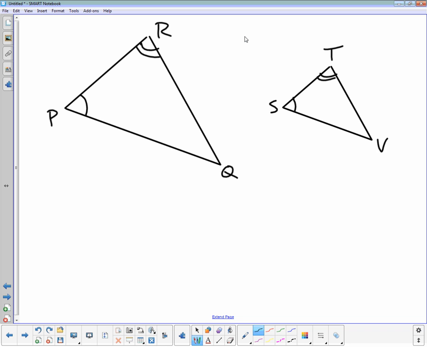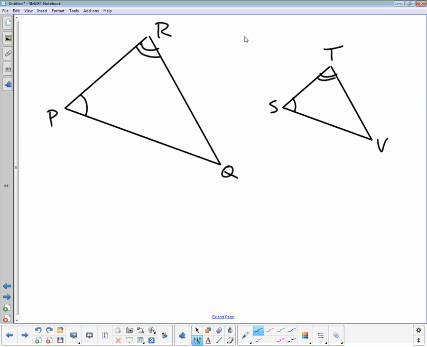All right. Those tick marks on those angles are really a big deal, because what they're telling you is how the two triangles are related to each other.